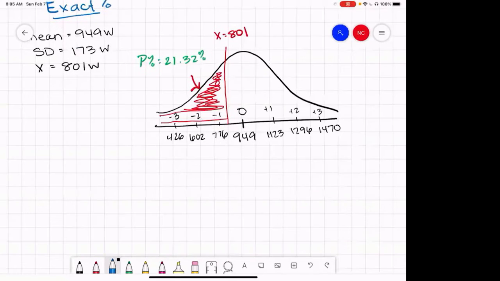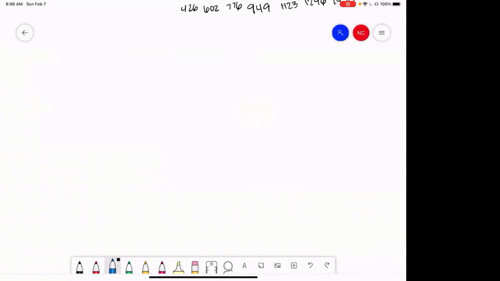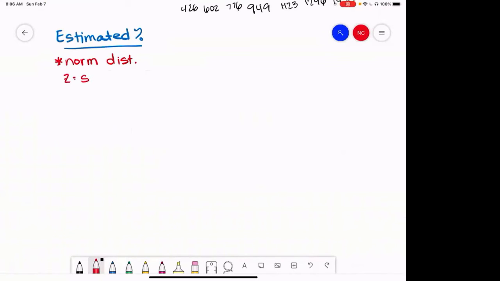Estimated percentile, however, as we're looking at an estimated percentile, you guys will remember that estimated percentiles have to meet the assumption that the distribution is normal, right? And this is because we use z-scores, right? So I'll put in our z-scores here.